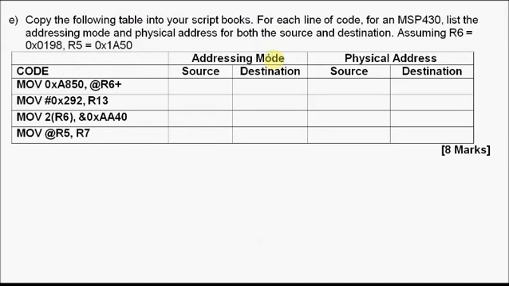Okay, our last question for part 1. We need to specify the addressing modes, so for source and destination, and then calculate the physical address for each of these.